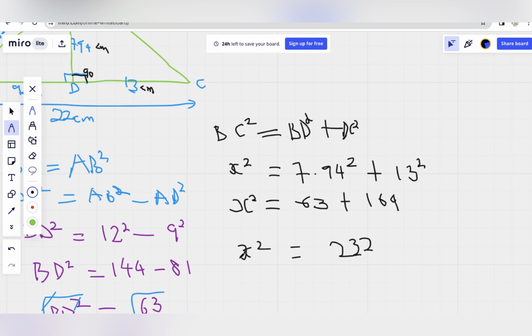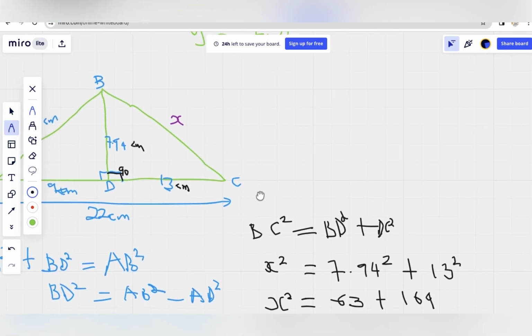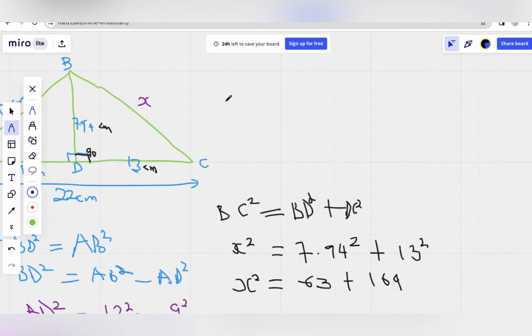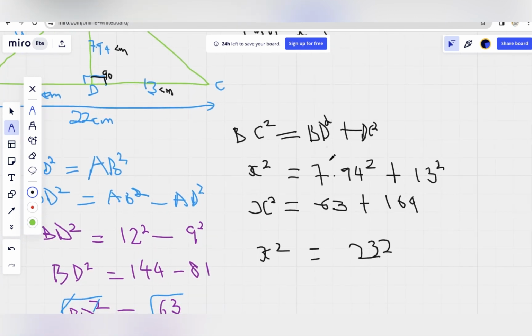Now to find x, remember they asked us to find x. The question says find x, not find x square. There is no x square in the diagram. It was only x that was on the diagram. So since they asked us to find x, we have to find the square root of both sides.